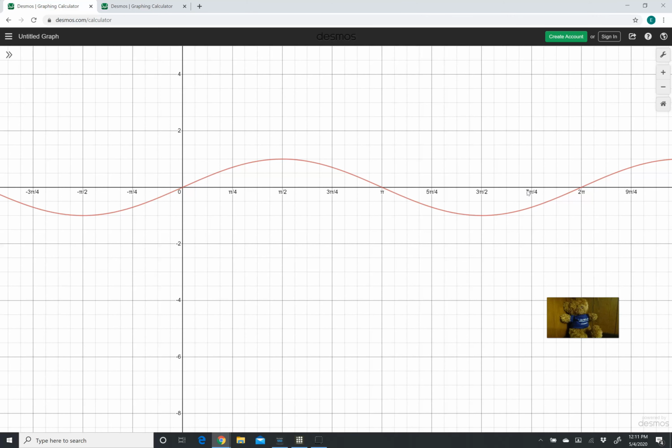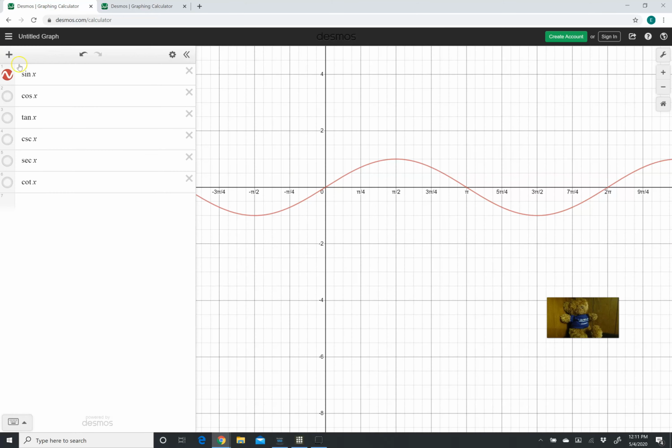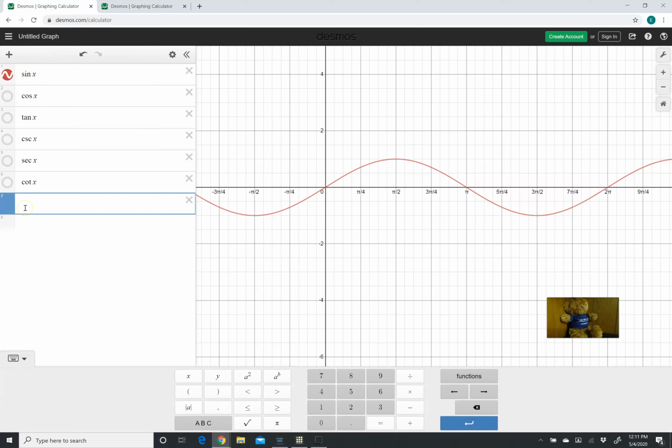Okay, so a loud sound changes what we call the amplitude. It is a vertical stretch or a vertical shrink. Okay, vertical stretch or vertical shrink. So how do we do a vertical stretch or a vertical shrink? We multiply. So let's say that we multiplied it by 2.